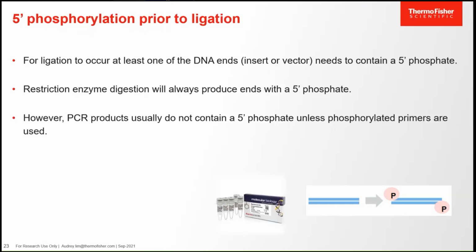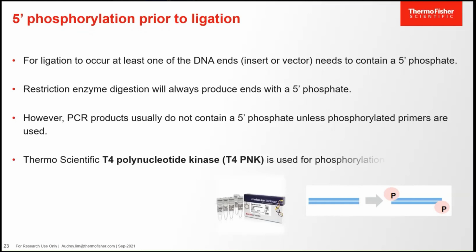So if you are using a normal primer, then you will certainly need to add a 5' phosphate to the PCR product. For this, you can consider using Thermo Scientific T4 Polynucleotide Kinase, or in short T4 PNK, for this purpose.